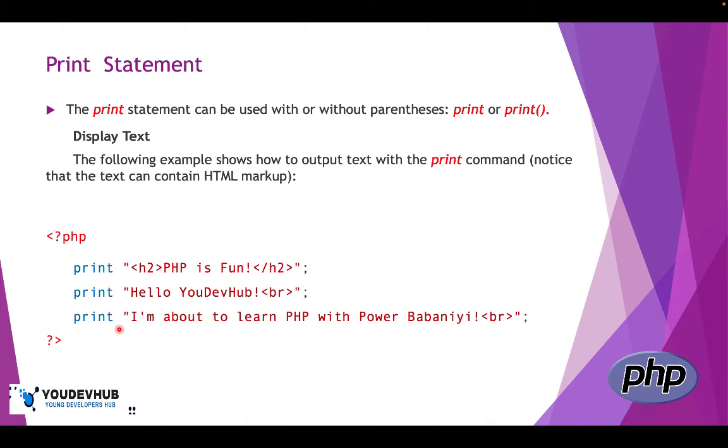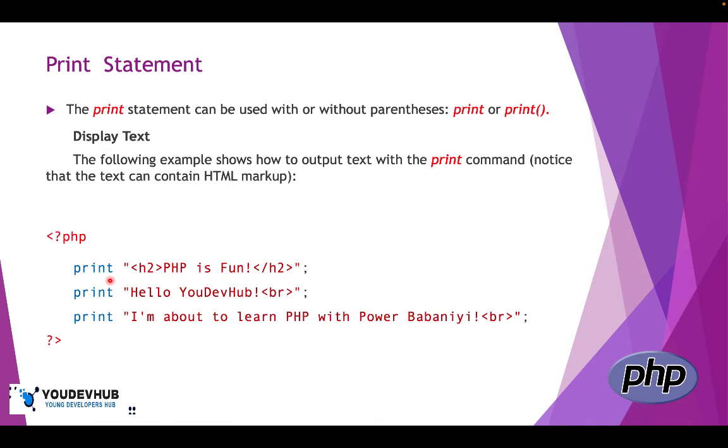Now the print statement. The print statement can be used with or without parentheses, like print or print in brackets, just like the echo. The print also displays text, like we have PHP is fun, hello UDevOps, and I'm about to learn PHP with Power Babaniyi.